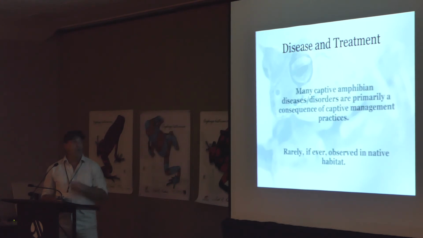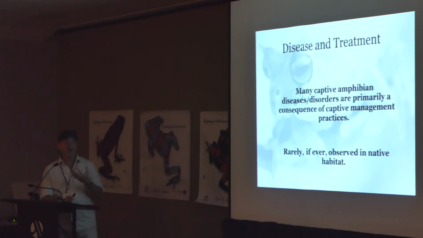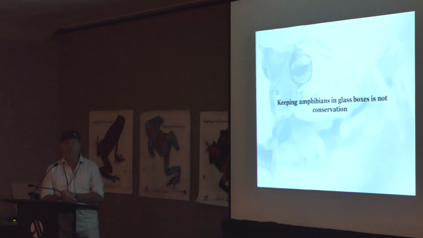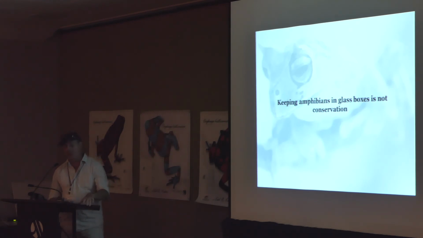So again, we really want to think about most of the diseases in captive amphibians as consequences of the environment. They're rarely ever observed causing death in the native environment. And then this controversial statement that I probably shouldn't mention to this group is something that we talk about a lot in conservation. And again, the reason we do is that there are a lot of conservation efforts of all types of animals, not just amphibians, that sometimes maybe are well-intentioned, but they don't have the positive outcome, or maybe it's more for publicity.